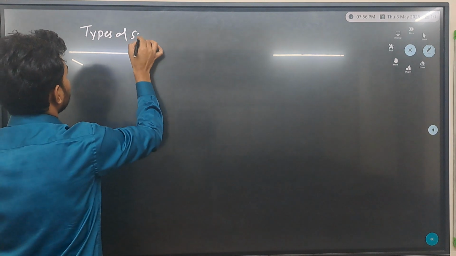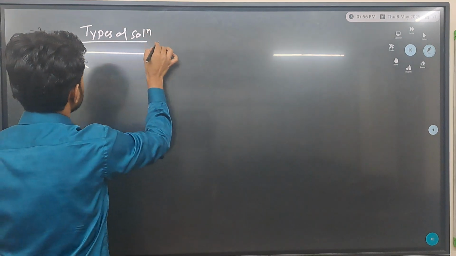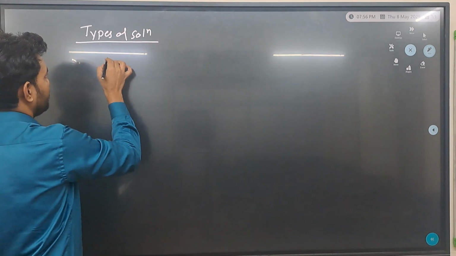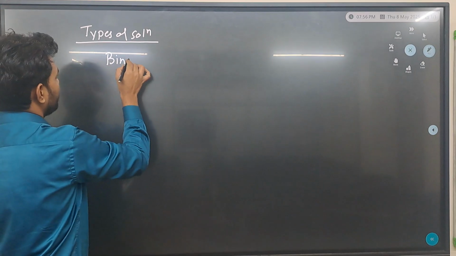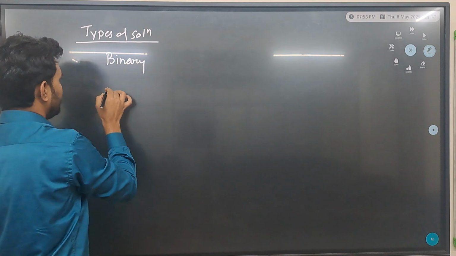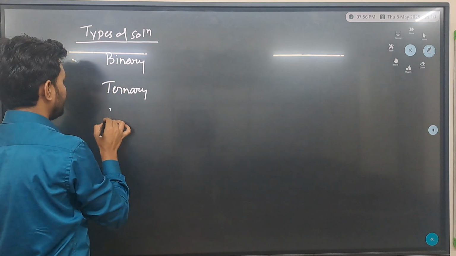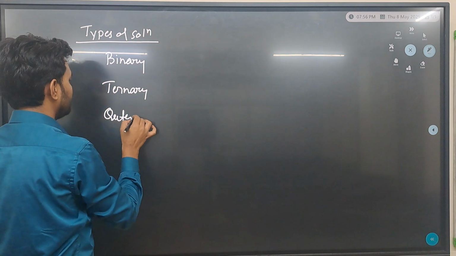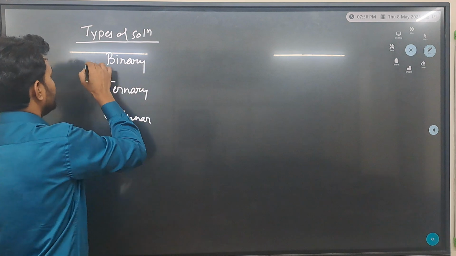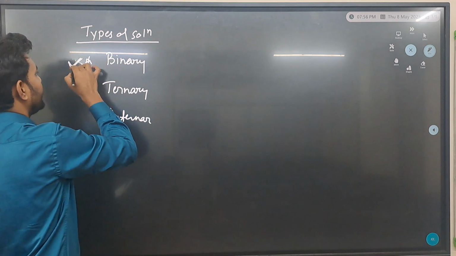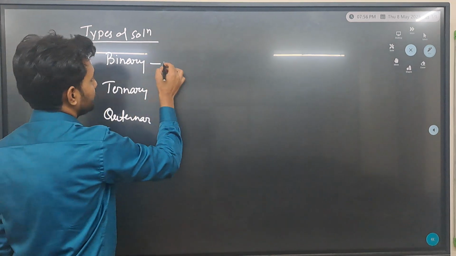A solution may be binary, ternary, or quaternary. Basically, only the binary solution is important.